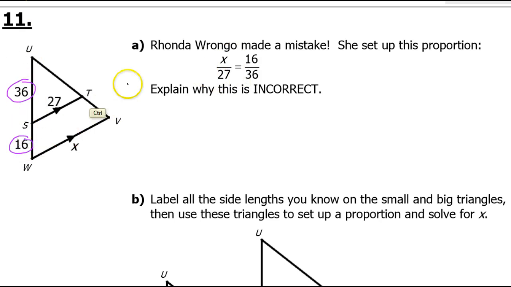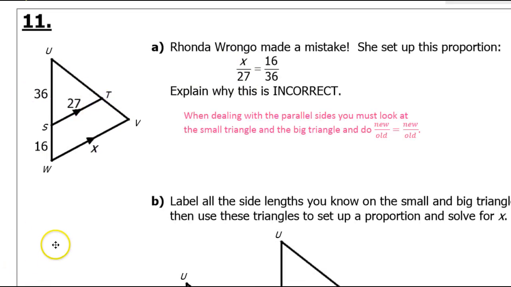So side splitter theorem. But then she did x over 27. You can't use the side splitter theorem when you're dealing with these parallel sides. The side splitter theorem is for these sides over here. If I was going to somehow do TV over TU, then that would work, but not the x and the 27.